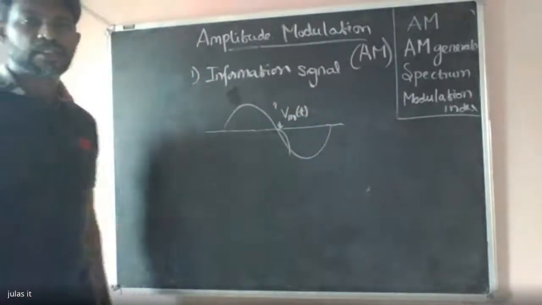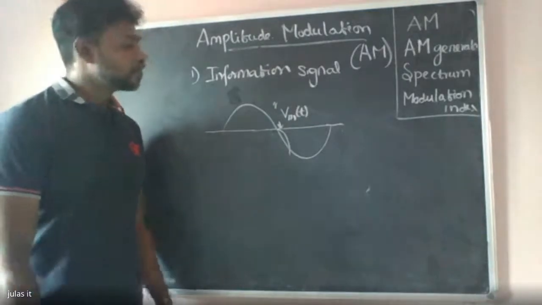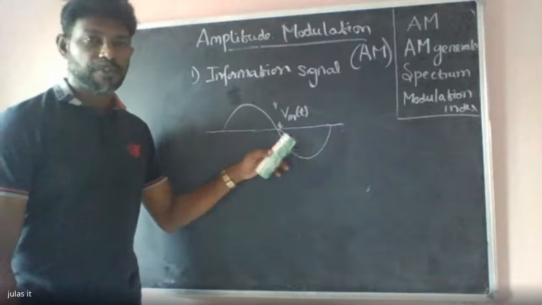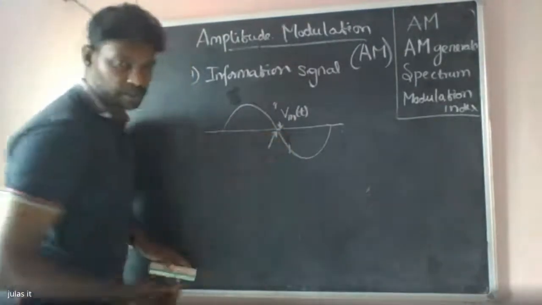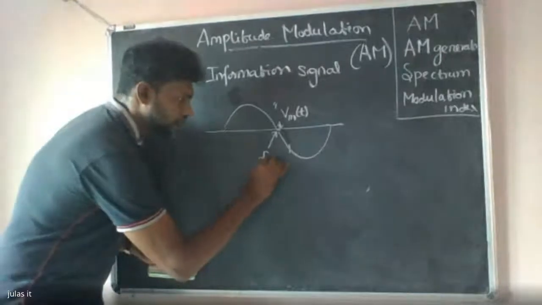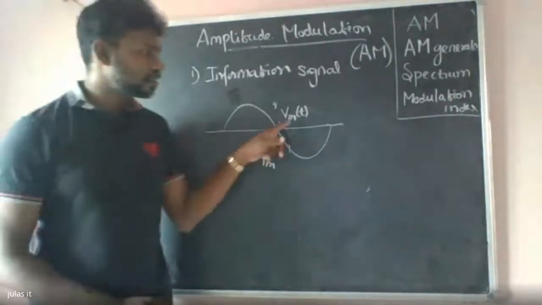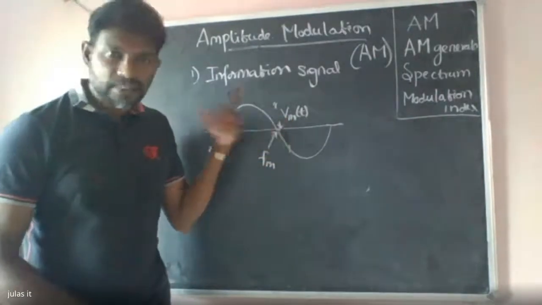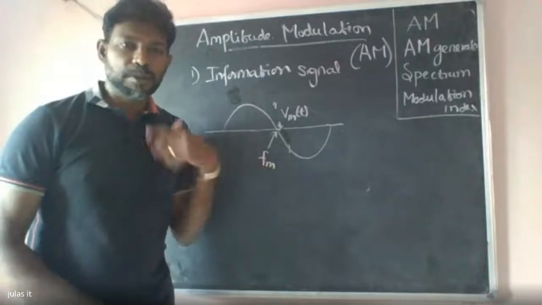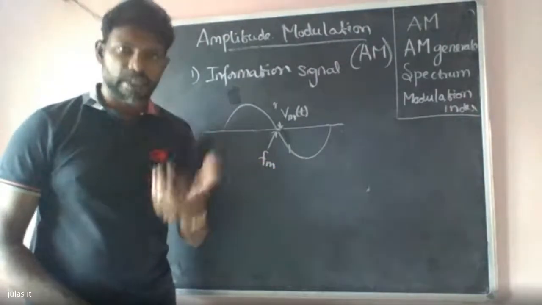When we call it a frequency, here we call it a frequency Fm, right? Why do we represent it with M? It means it is the modulating signal, right? What do we mean by modulating signal? Means the signal which is going to be modulated.